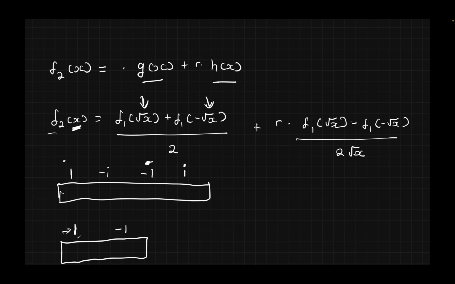So if I want to evaluate f2 at 1, that's this one here. What am I going to do? I'm going to evaluate f1 at 1 plus f1 at minus 1. Is that making sense? Are you sure?